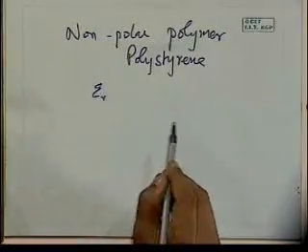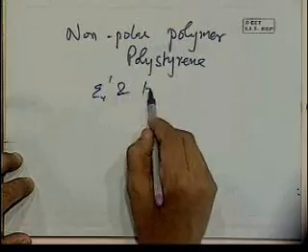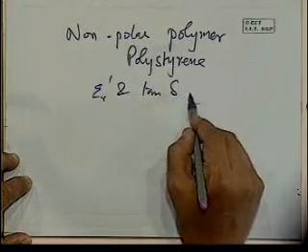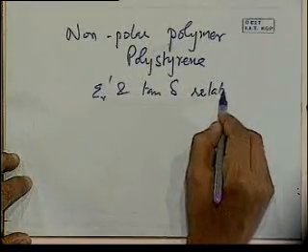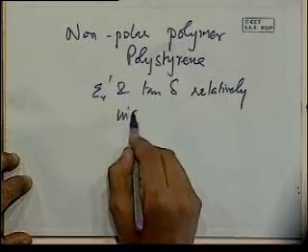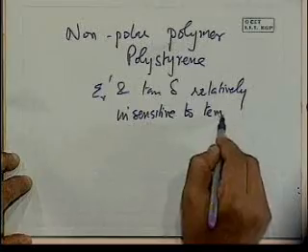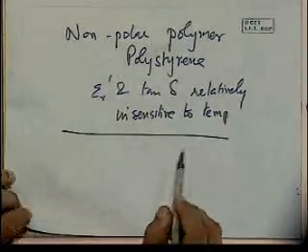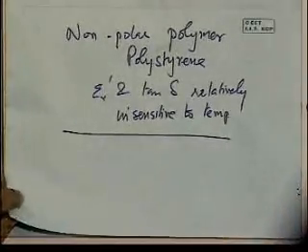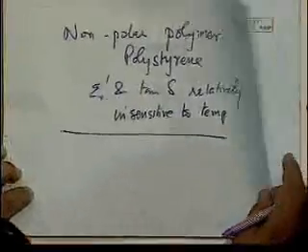It's electronic bond polarization, I said. So epsilon r dash and tan delta don't change, relatively insensitive to temperature. Okay, so different materials have got different temperature dependencies depending on why they are getting polarized and so on.